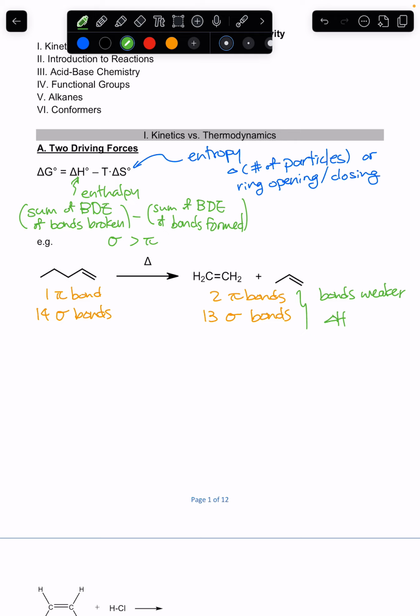So in this case, delta H should be definitely positive. You broke up much higher energy, stronger bonds, and then you only made a weak bond, so delta H is positive.